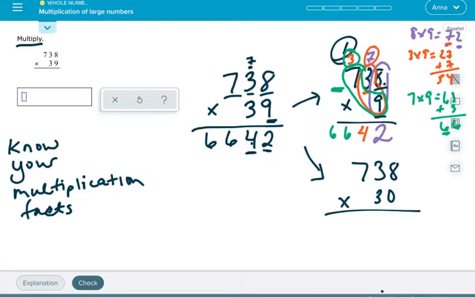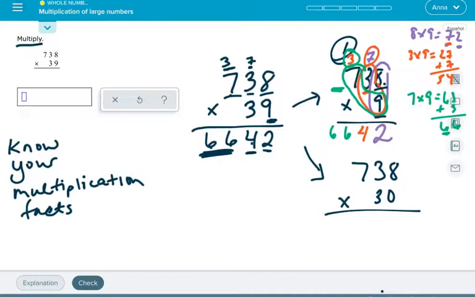We write down the 4 and carry the 3. Then we do the 7 times the 9 to get 63. We add in that 3 and we bring down the 66. We bring down both because there is nothing else in that thousands place to multiply. Okay, so that's that first step. We took the top value, 738, and multiplied each digit times 9.